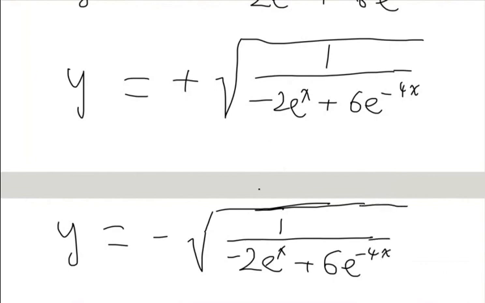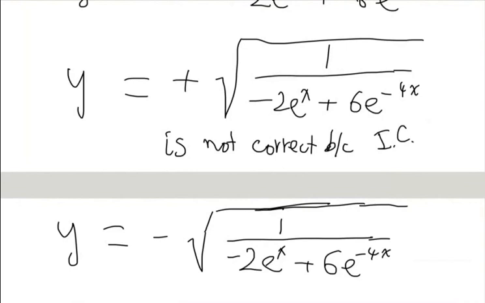But the plus side is not the correct solution. This is not correct. Why is that? Because the initial condition says that when x equals 0, y equals minus a half.